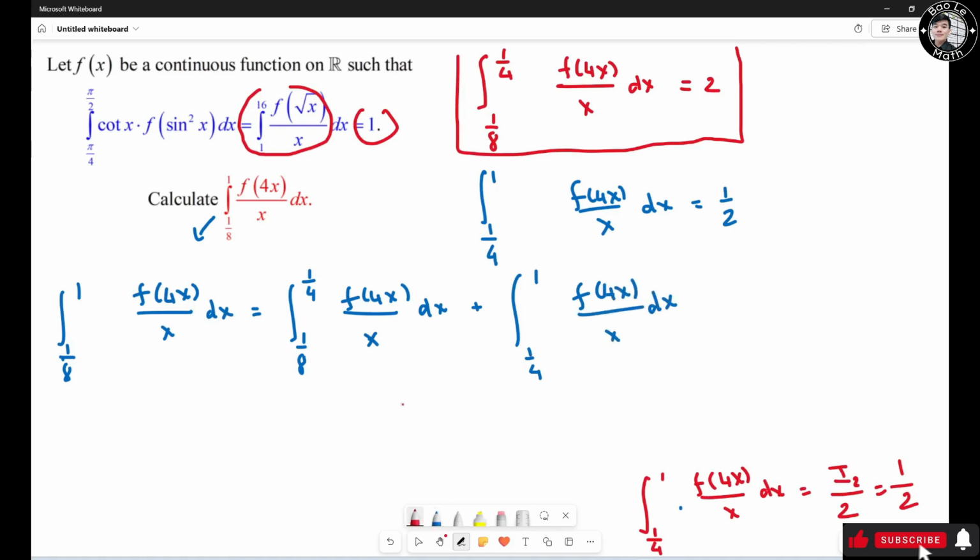Now this first one is 2, plus this one is 1 half. So the answer is 5 and a half.